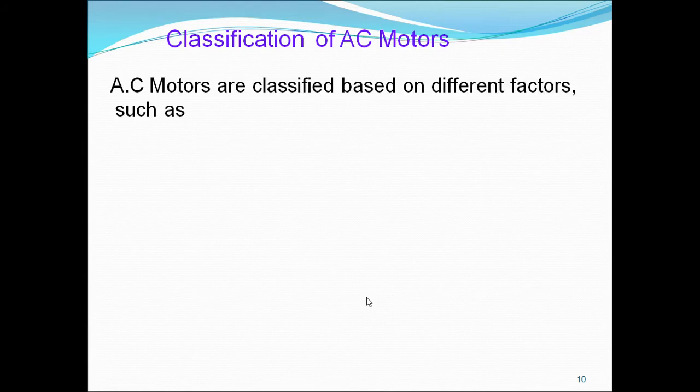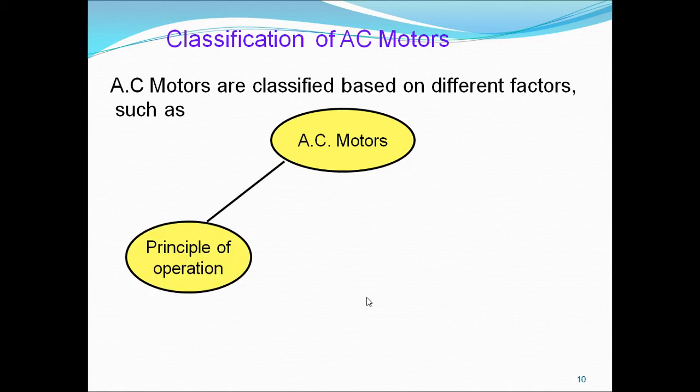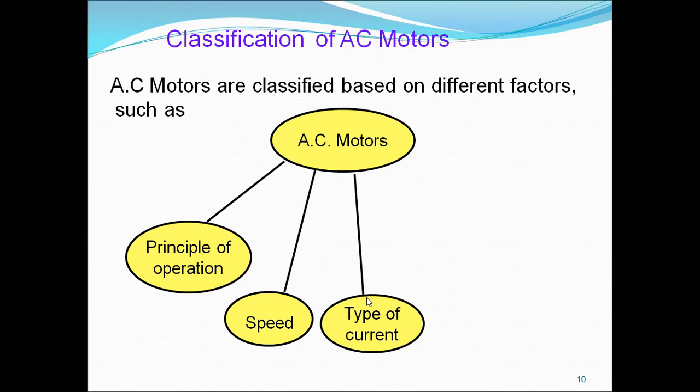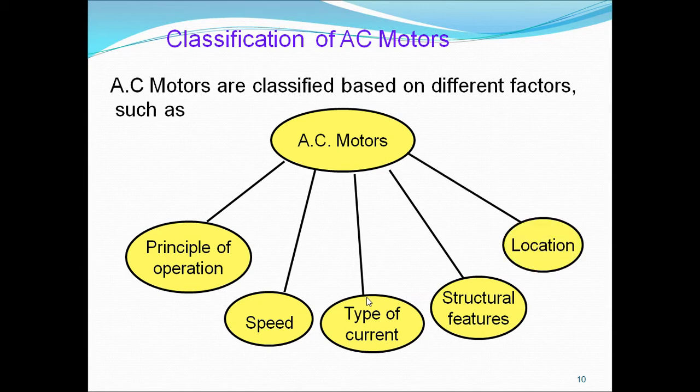So if you see the classification of the motor, they are classified on the basis of different factors. One factor depends on the principle of operation, and another classification can be done depending on the speed, then by type of current, structural features, and location.